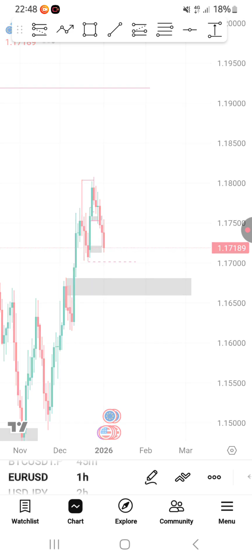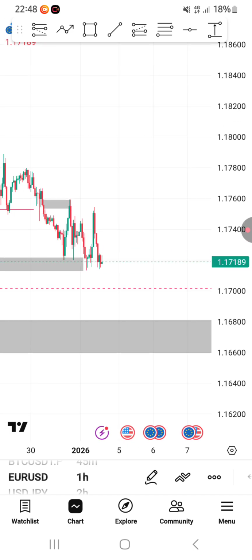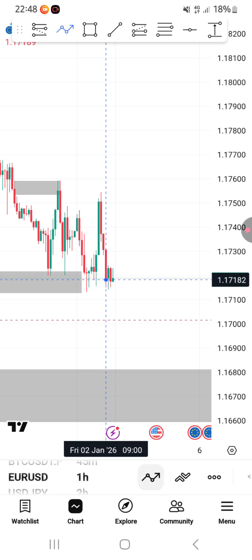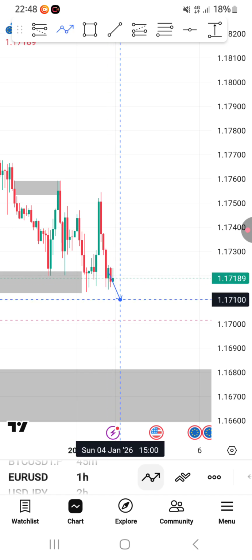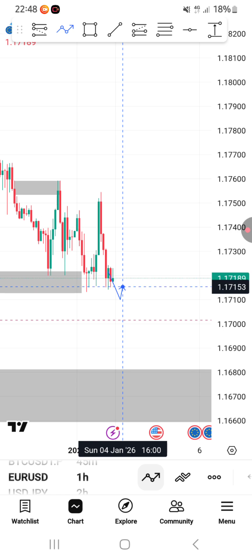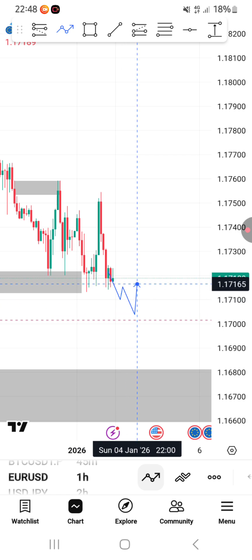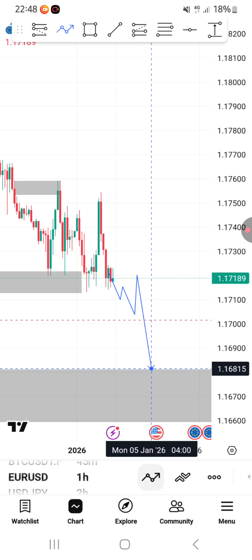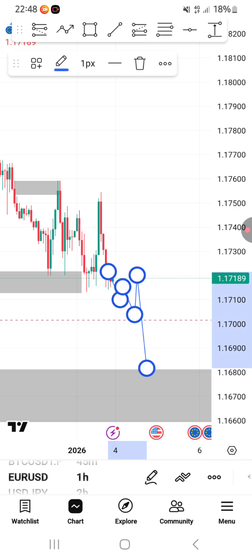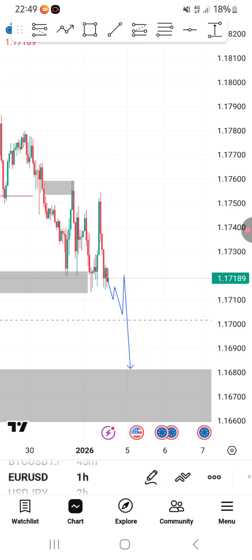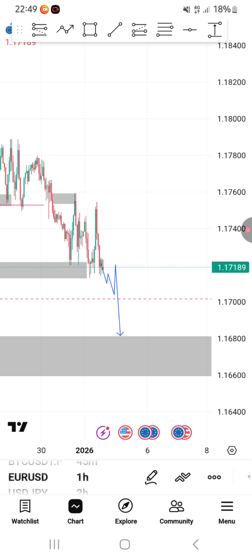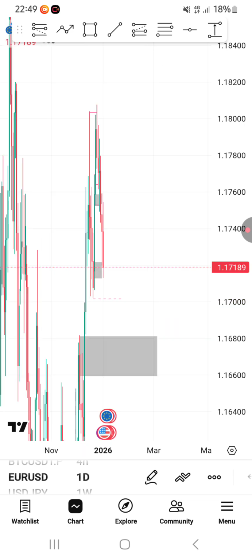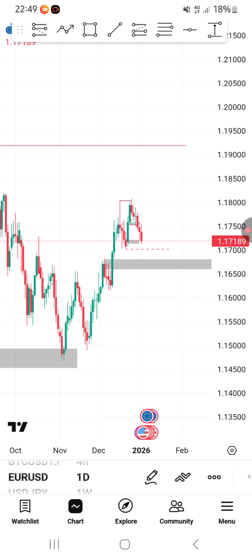So if I get any confirmation here, if I see something like this, to sell it into this zone, then that's what I'll be doing. But let's see what the market says. Let's see what the market will do. So that's that for EU, right?